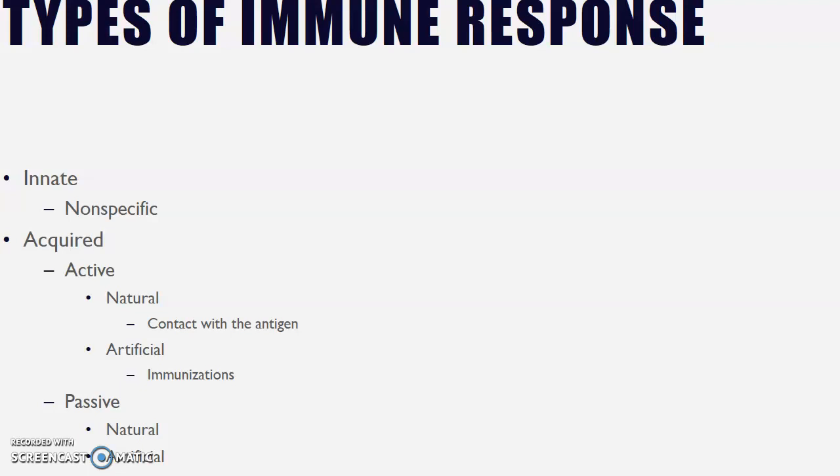When we look at the acquired, there's two different types. There's the active natural, and this occurs when we get an invasion of that foreign body and the development of antigens. So our white blood cells come in contact, and it's this whole huge response.